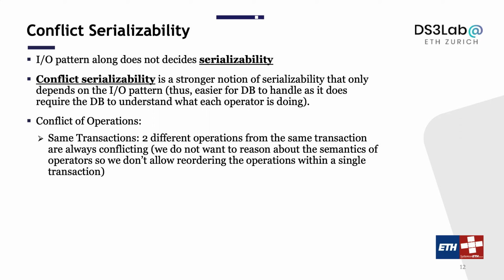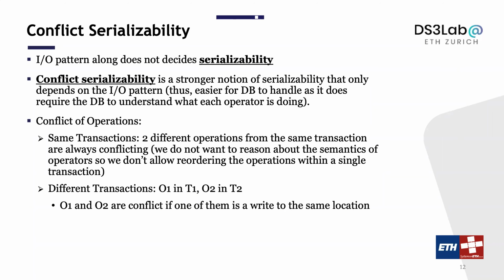So if they are in the same transaction, any pair of operations is always conflicting because we cannot really reorder them. And for different transactions, for example, you have O1, one operation in T1, and O2, another operation in T2. We say they conflict with each other if one of them is a write operation to the same location, okay? If that happens, we say O1 and O2 conflict with each other.